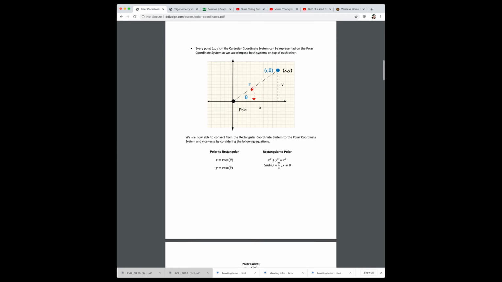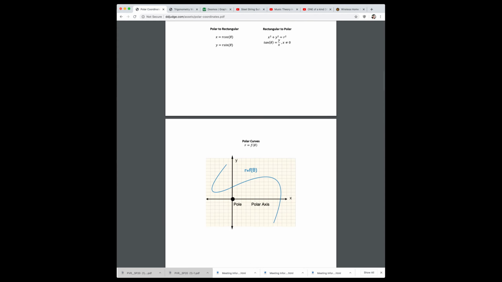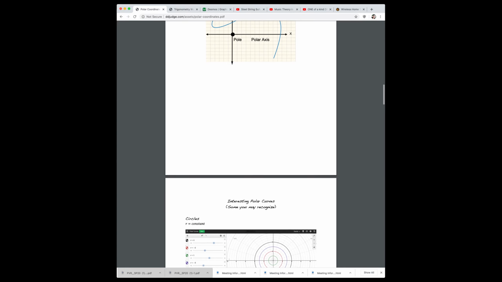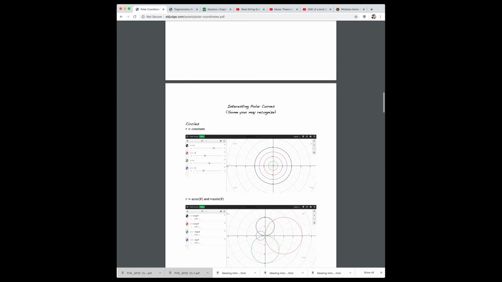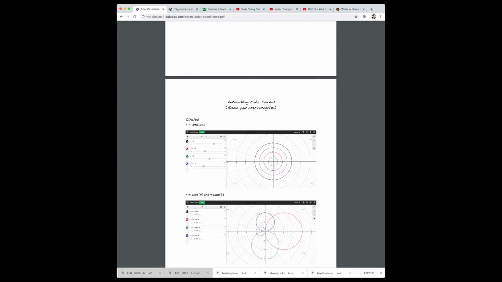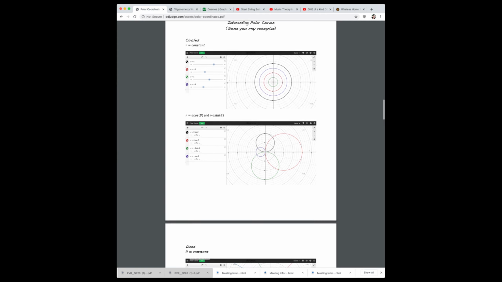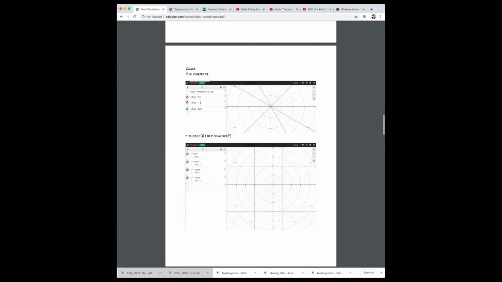And so I do have this, and then know that you can convert, and then you have this idea of polar curves that you guys have seen in the past in trigonometry. And of course, you have the famous circles, which are kind of, as you guys can see here, you might be able to guess, R is 4, R is -2, R is 1, all these different R values, constant. So I have a worksheet here of polar curves based on the past I did for you guys.